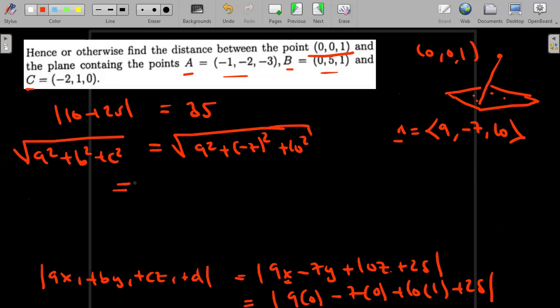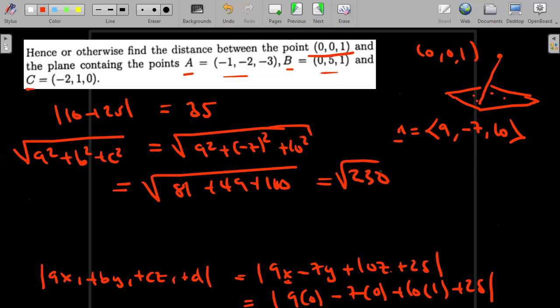And this here is going to be 81 plus 49 plus 100. And this is just going to be equal to root of 230. So this is what we get.